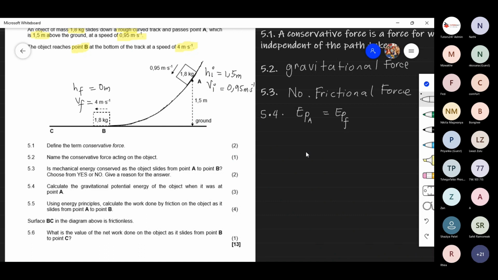You do not need to include EPA equals EP final. I'm just showing that as an indication that you can use either notation, it doesn't matter.